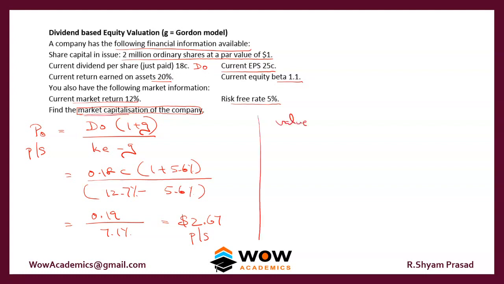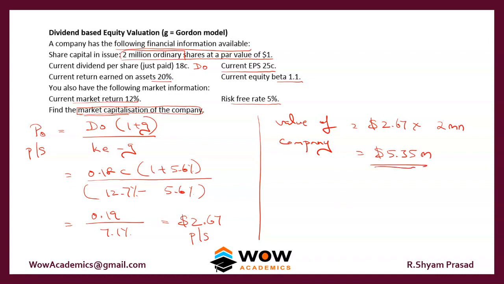So the value of company will be 2.67 per share into the total number of shares. The total number of shares is 2 million shares. 5.35 million. Okay, so we can get it like that.